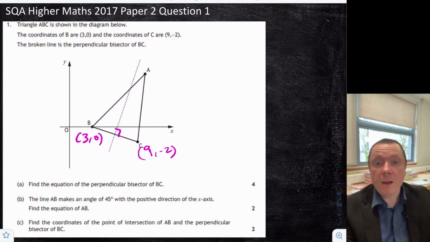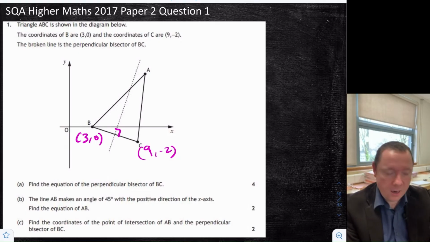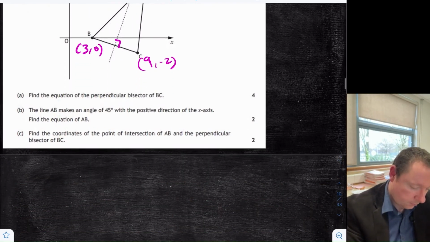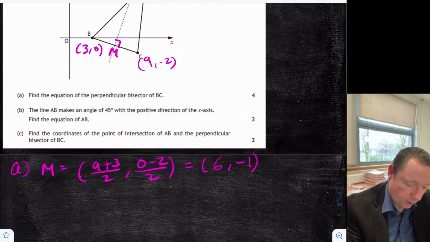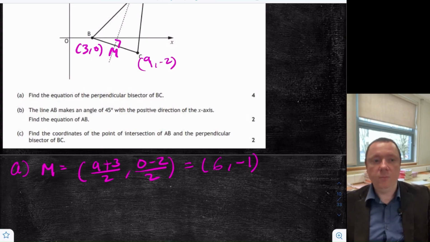So I can find the midpoint using the midpoint formula and then go from there. So for part A, I'll just call this point M. M is equal to 9 plus 3 over 2 and 0 minus 2 over 2. 12 divided by 2 is 6. Minus 2 divided by 2 is minus 1. So we get our midpoint.